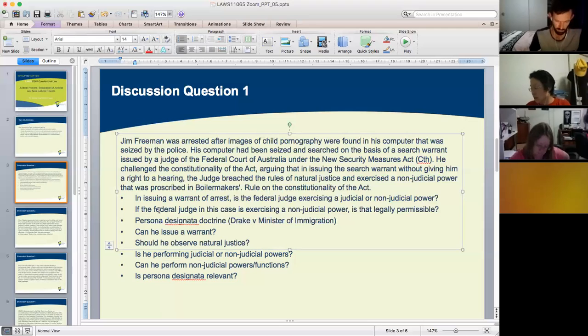It is permissible for a federal judge to exercise non-judicial powers in his personal capacity with his consent if the exercise of non-judicial powers would be compatible with his judicial functions, both because, one, he acts independently, and two, because he does not bring the judicial system into disrepute by being an instrument or tool of the executive or the legislature, or by acting in a way that brings questions to his integrity.